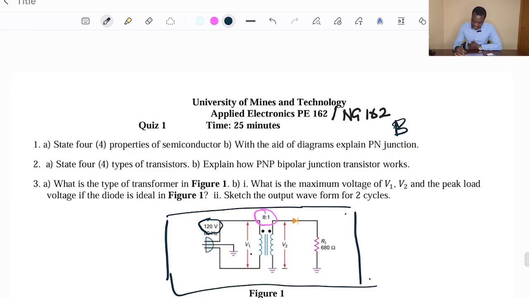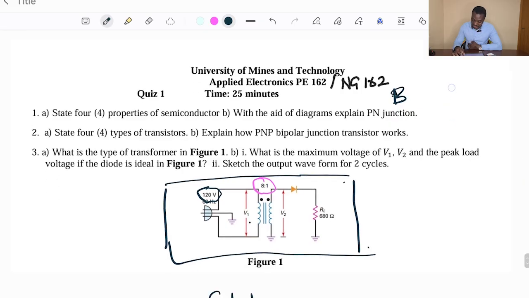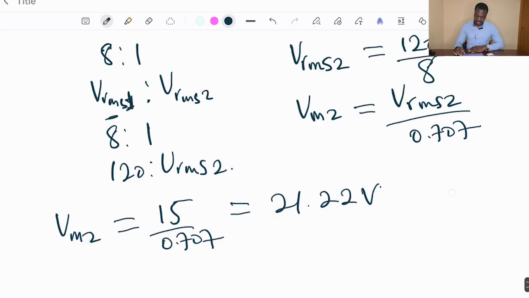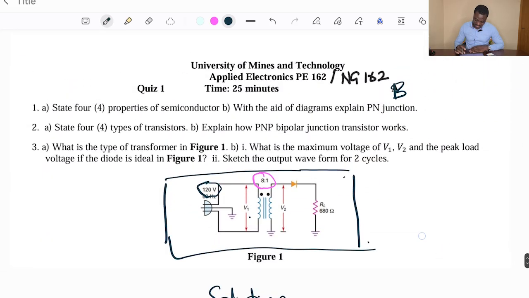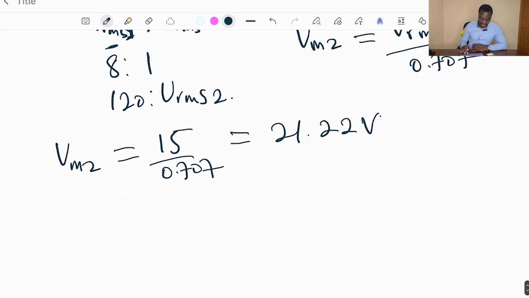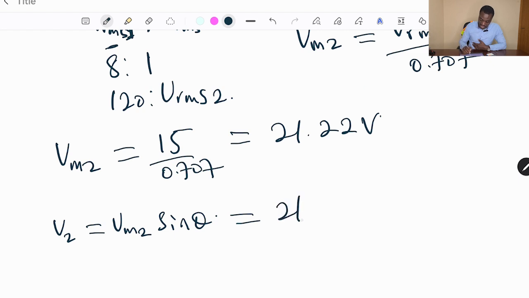Now, we are also asked to find the peak load voltage. So we can now indicate our instantaneous voltage for V2. We know it's going to be equal to the maximum voltage of V2 times sine theta, and our maximum voltage is 21.22 volts sine theta.